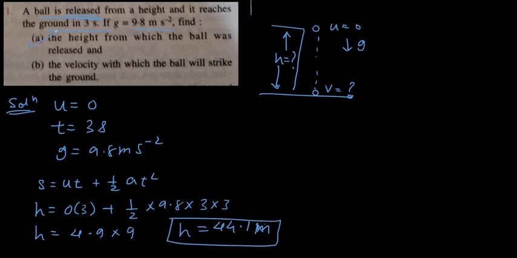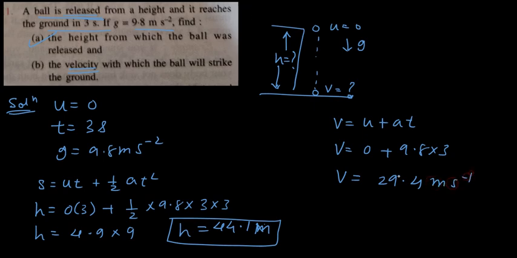So this is the first answer. Now they are asking us to find this velocity. So we have v is equal to u plus at. This is 0 plus 9.8 into 3. So that velocity will be equal to 29.4 meter per second. So this is the velocity with which the ball will strike the ground.